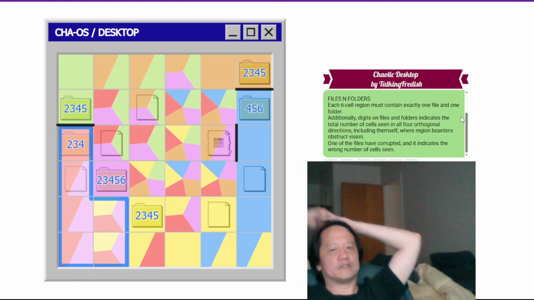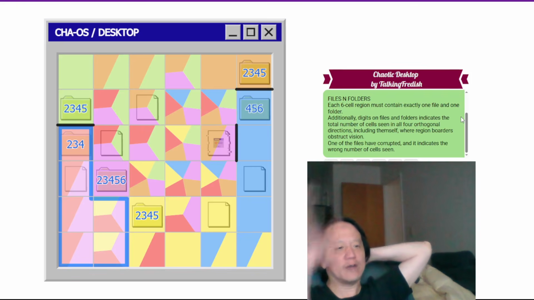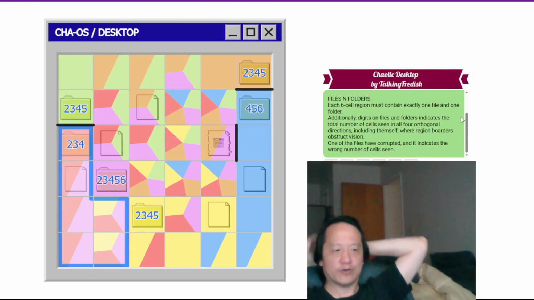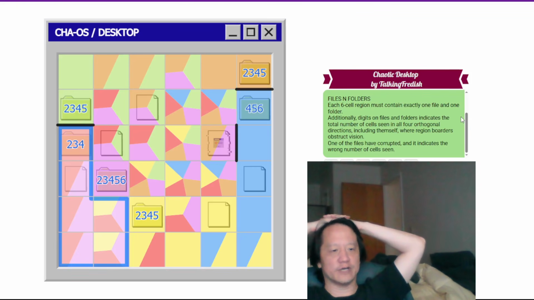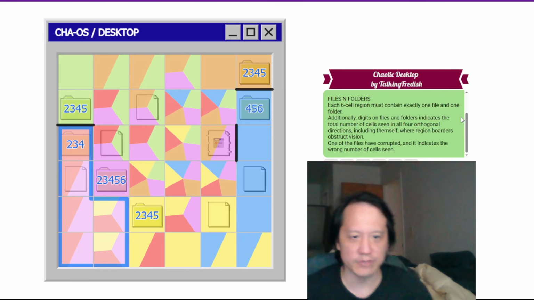Because the problem is, if we had the one file being corrupted, it makes it so that we don't have anything reliable for the files. But we have to go through all the different variations to be able to do that. And that's non-trivial here, even if it's only 6 cells in a region.